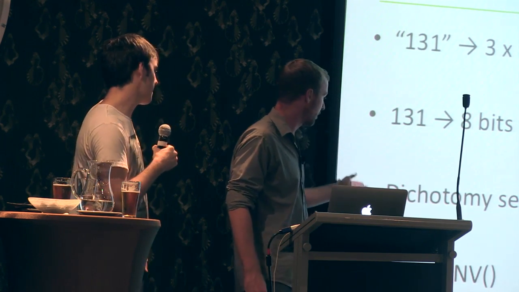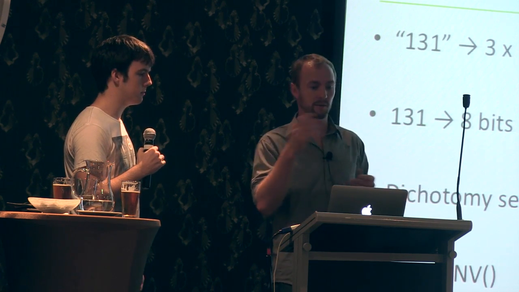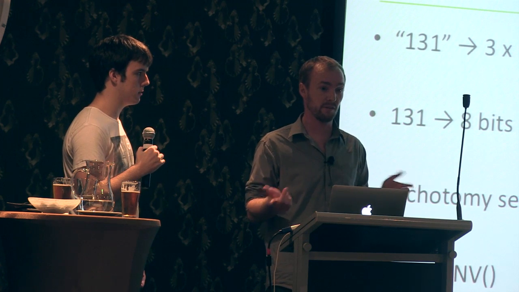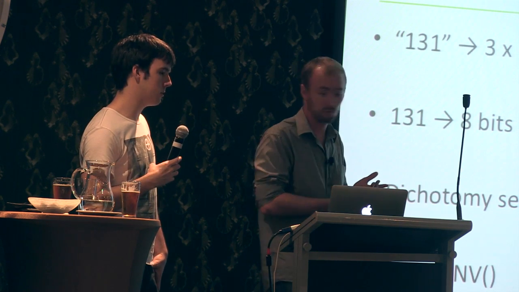And since it's an integer, you can do a dichotomy search. You just split the space in 2 and ask, is it greater than 10? Like you're looking for 7, you'd say, is it greater than 10? No, it's not. So it's probably between 0 and 10. Then you ask, is it bigger than 0? Yes, it is. So you split the space again, and that way you get a really fast search.